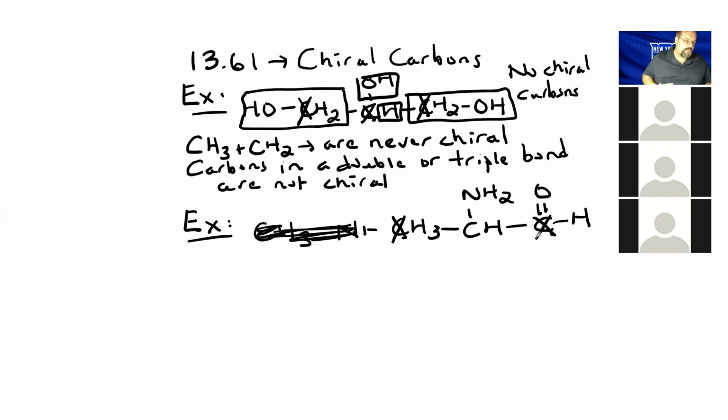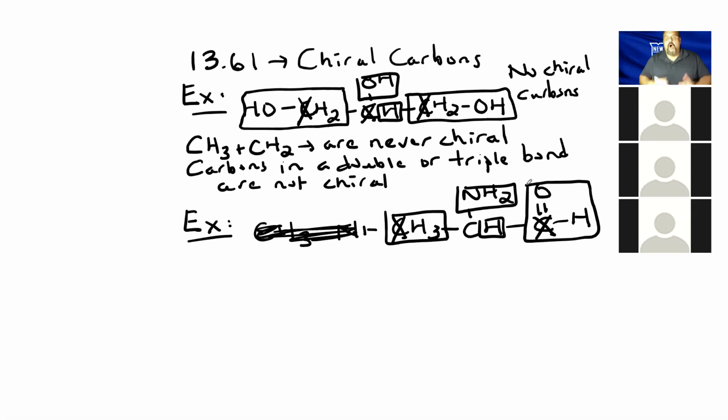So what does it come down to for this example? It comes down to looking at the middle carbon. So again, let's see how we would properly identify the 4 things attached to this middle carbon. So we have H, we have NH2, we have CH3, and then we have C double bond O with the H. Are those 4 different atoms or groups of atoms?